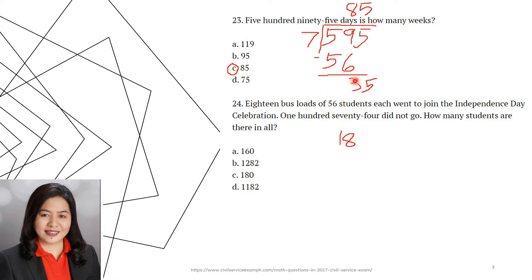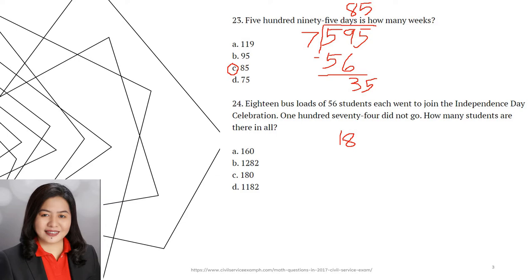Under pressure, we tend to forget the numbers written in words, like 18 and 174. We need presence of mind when answering math problems, because sometimes we fail the exam because we are too scared and too conscious of answering it fast.